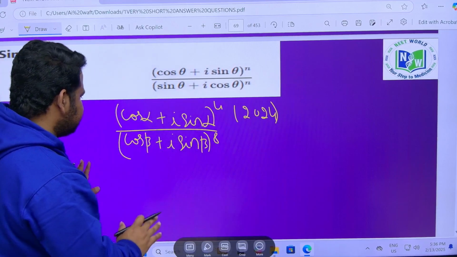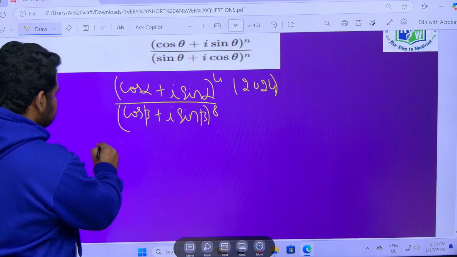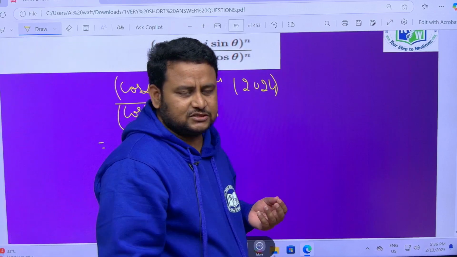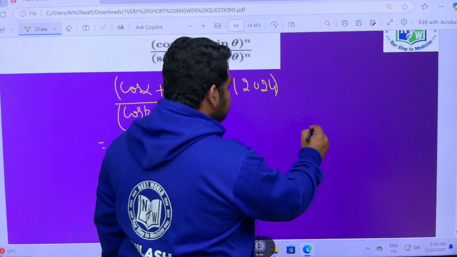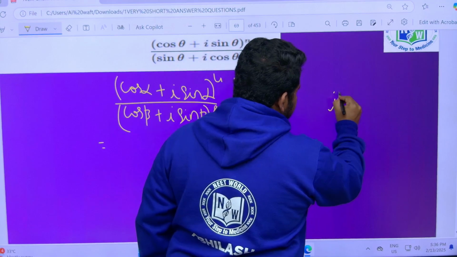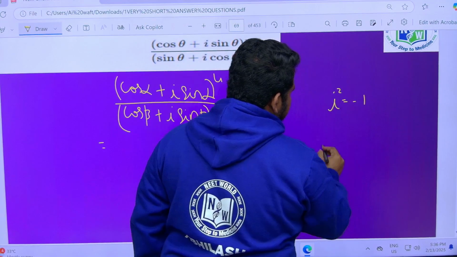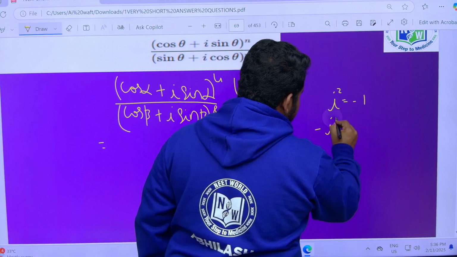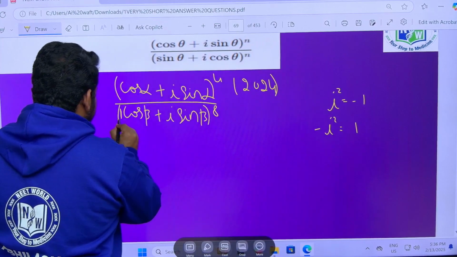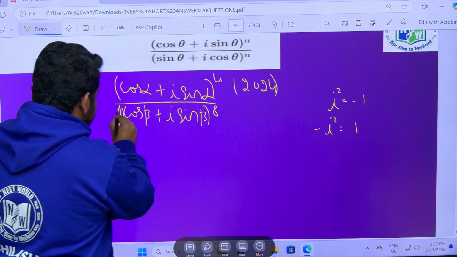So for this question, in the denominator, let us do some modification so that we can solve the question easily. We know that the value of i is root of minus 1, i square is minus 1. If I write minus i square, the value is 1. So where nothing is there, I can write 1.